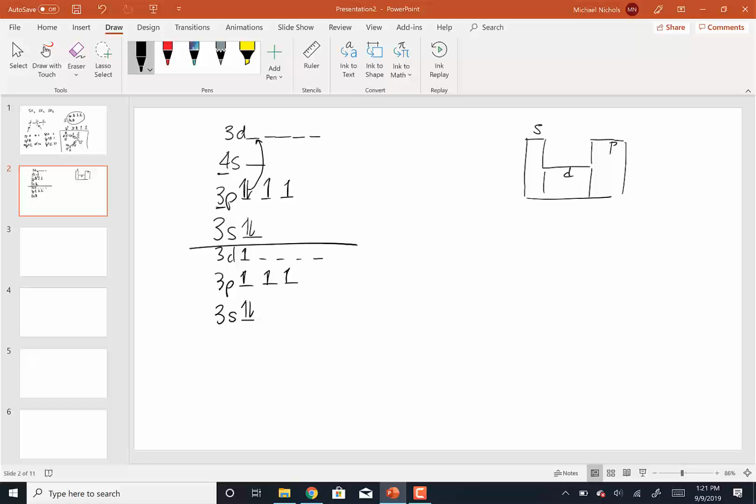Now I can do that. But of course, I'm going to hybridize these orbitals. And so what I'm going to hybridize is the d, the s, and the 3p's. So that means I'm going to end up with 5 dsp3 or sp3d hybrid orbitals. I don't care which order they come in. Okay.